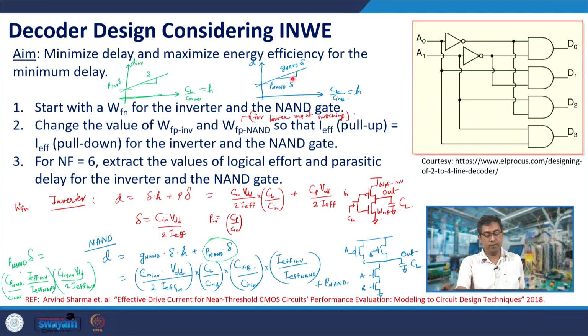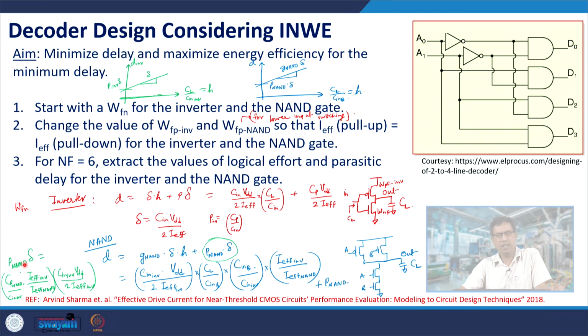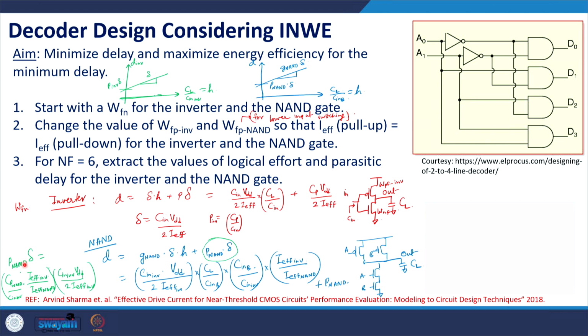So, this once we extract, but then when we change the finger width, we know how the threshold voltage varies with finger width, that we can know from an analytical function, or also we can do one simple thing. As I have discussed in the previous lecture, we can just plot the threshold voltage versus finger width, which in our range of interest would be almost a straight line.